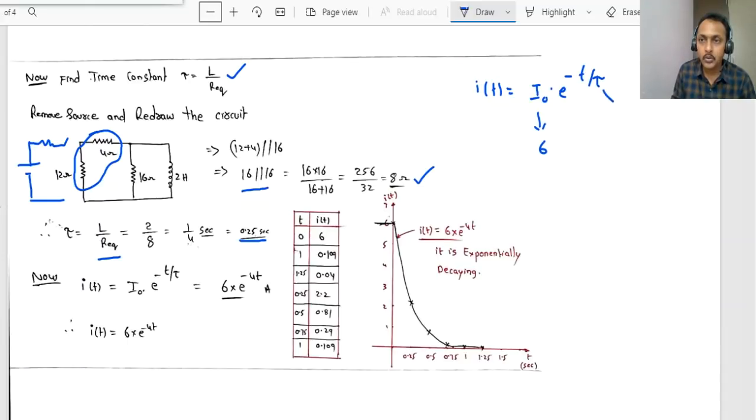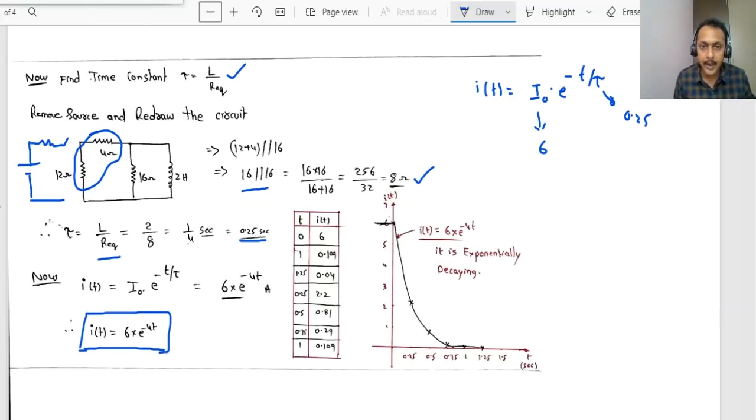Tau value just now calculated is 0.25 second. Therefore our I of t will be 6 into e power minus 4t. If you plot the graph of I of t equals 6 into e power minus 4t for the given problem, you can see its magnitude at different values of time.